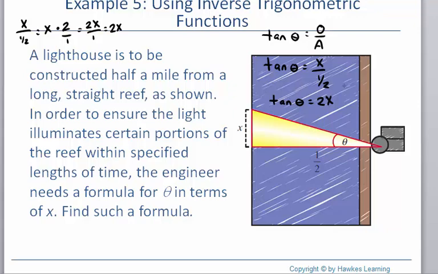And so remember, we're just going to shift the order of the pieces. And so we're going to say that the angle will be equal to tangent inverse of 2x. Right, and this is the part that they're asking us to find. This is the answer to our question. We have an angle equal to tangent inverse of 2x.